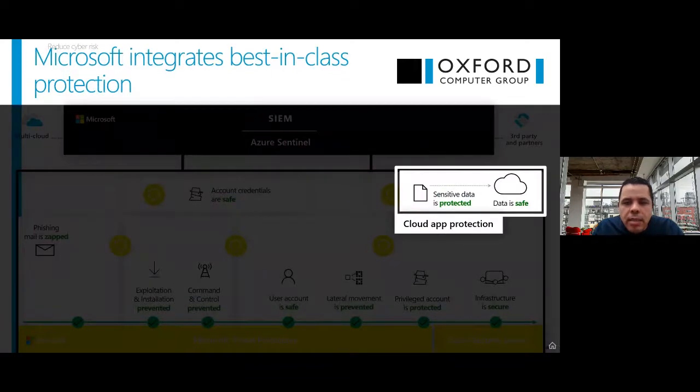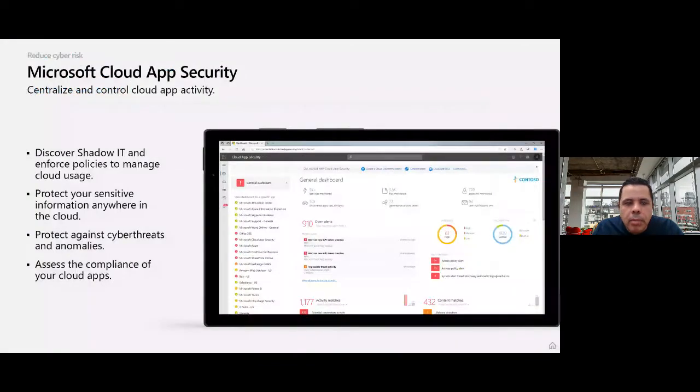And finally, we'll look at Microsoft Cloud App Security, because across that kill chain is the ability to exfiltrate that data. So imagine that bad actor gaining access to your customer data in Salesforce, as an example. Today, most organizations are relying on cloud-based apps and services. Much of the data that we store lives in the cloud, in these other applications.